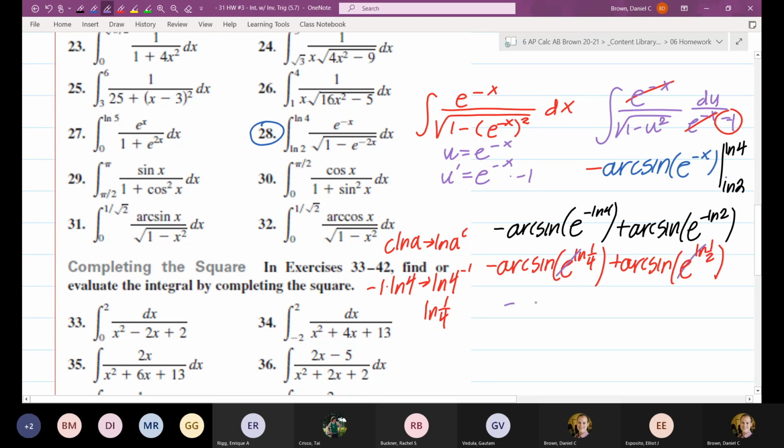So I have the negative arcsine of 1/4, which is not on the unit circle, so I can't do anything with that. The second one is the arcsine of 1/2, that is on the unit circle, so you can evaluate it. Sine is equal to 1/2 at pi over 6. And I believe that's how the answer was left: pi over 6 minus the arcsine of 1/4.